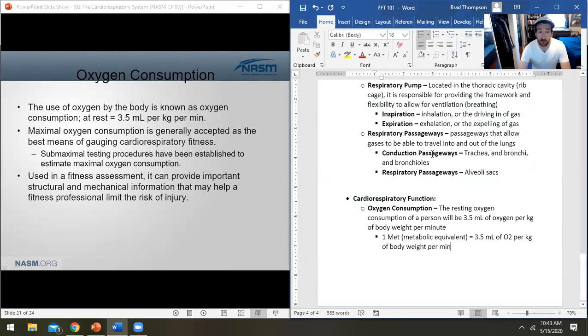So now that's all well and good, but typically the most common method that we are going to use in order to measure someone's oxygen consumption is going to be your VO2 max.